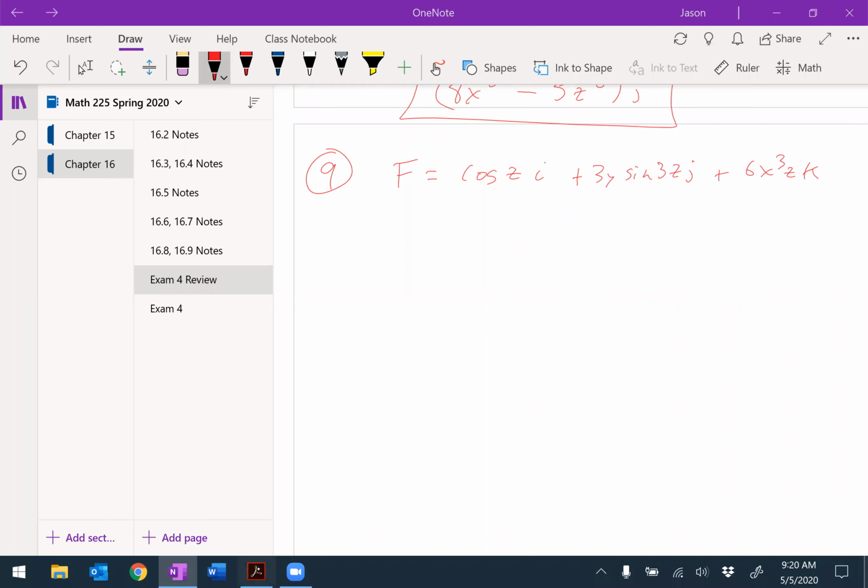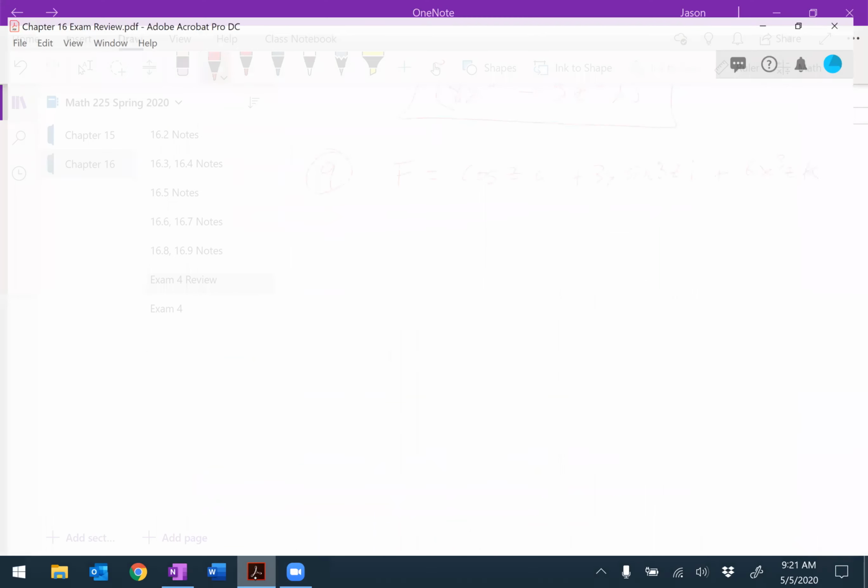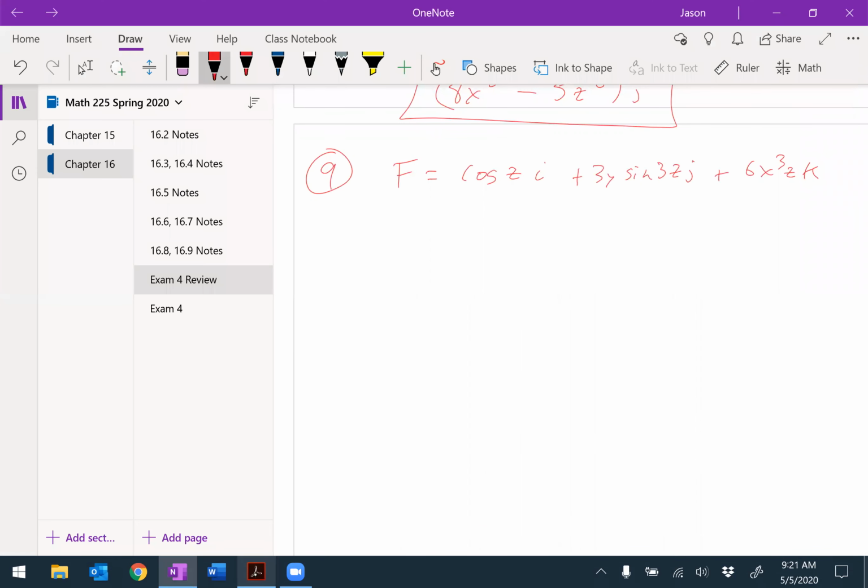Let me just make sure I wrote that down correctly. Cosine z, 3y sine 3z, plus 6x cubed z. Yes, looks good. Okay, so let's find the divergence first. The divergence of f is equal to the gradient dotted with f, right?